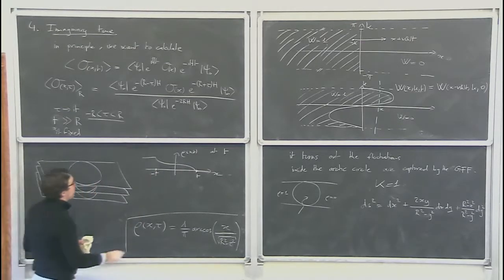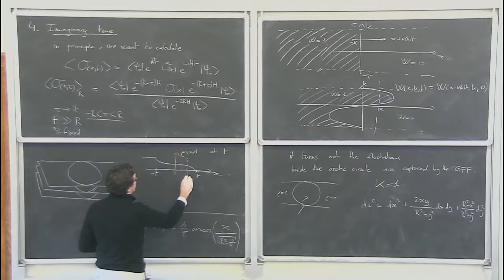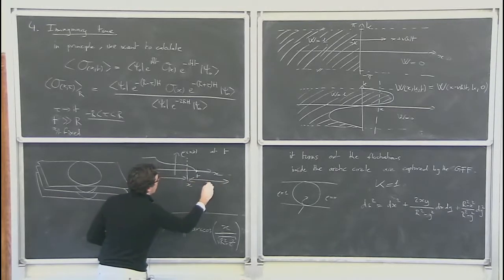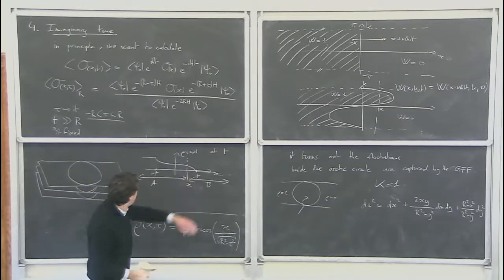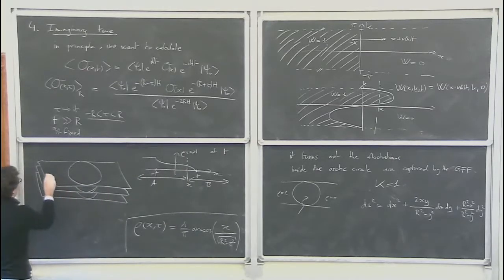And I said we were interested in calculating the entanglement entropy at position x, so this is A and this is B. Semi-infinite system, left and right. And so what we need to do is insert the swap operator here.